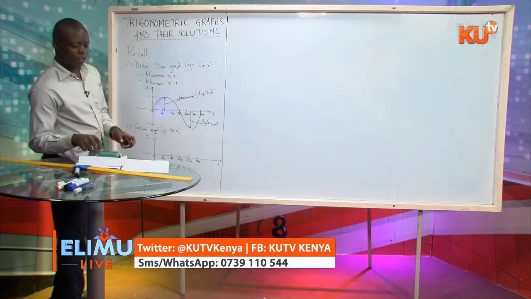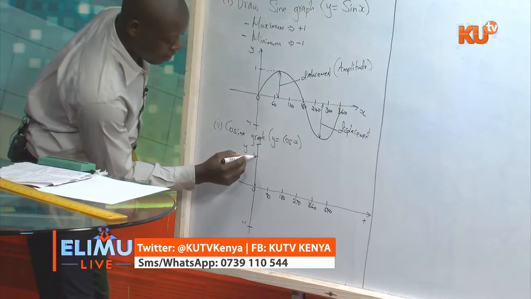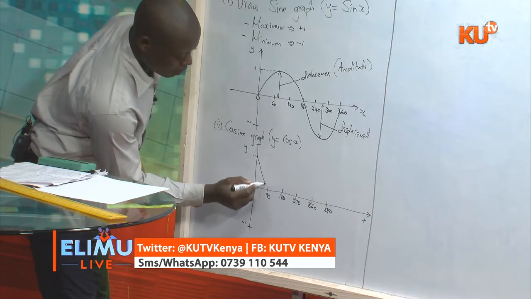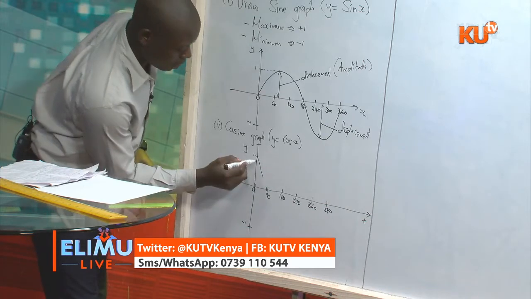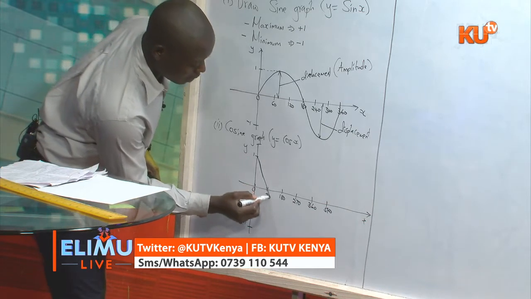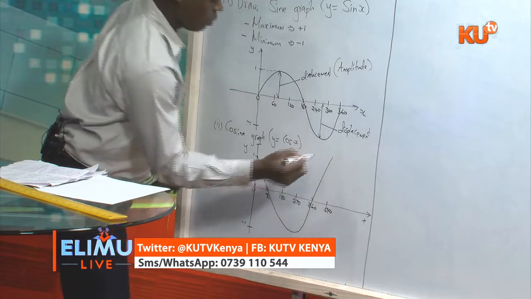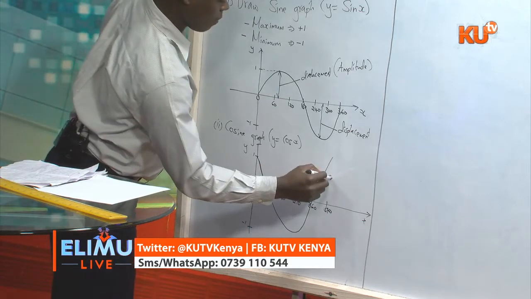But now, when you draw the cosine graph, what happens is that it starts at the highest point, and then drops downwards through 90 degrees, and then turns. And so that's how it moves. This is the cosine graph.